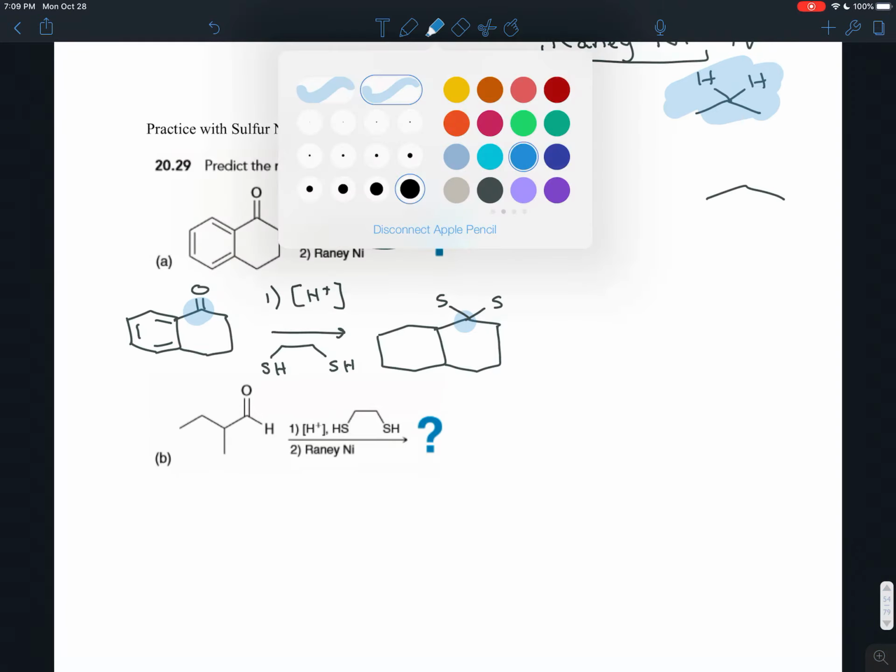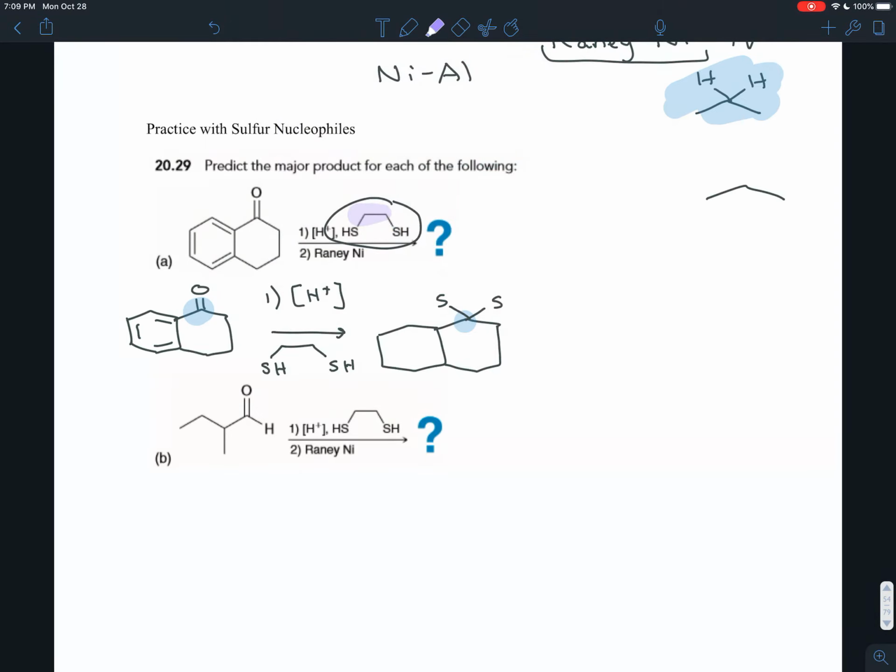And the carbon chain in between them will still connect them. It's just instead of being bonded to hydrogens, they'll be bonded to the carbonyl carbon. So that's the result of the first step.